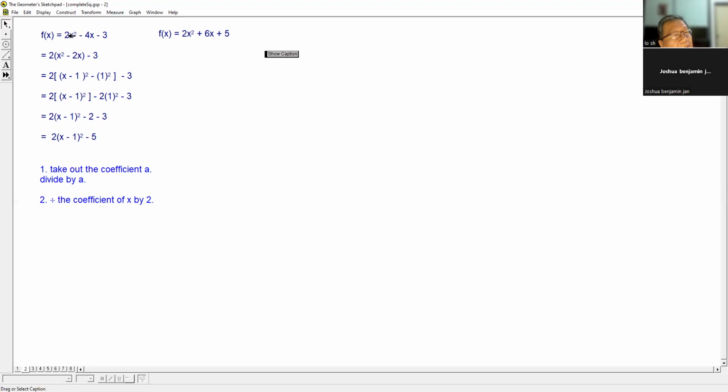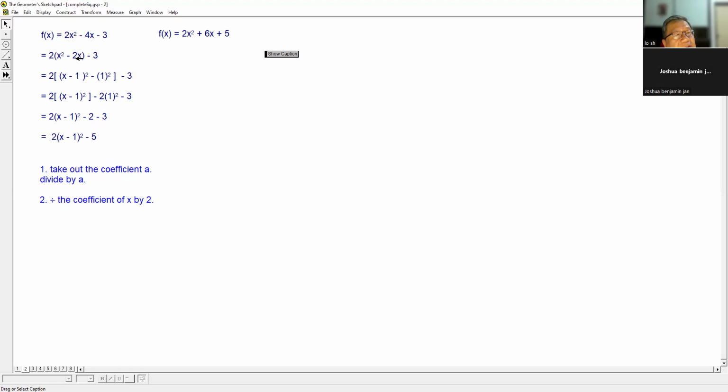The first step, I take out the coefficient of x squared. That means I must take out this a. The a is 2, so I must divide by a, so I divide by 2. Okay, so this is the first step. After completing the first step, from here to here, I don't divide by a anymore because the a is already taken out.